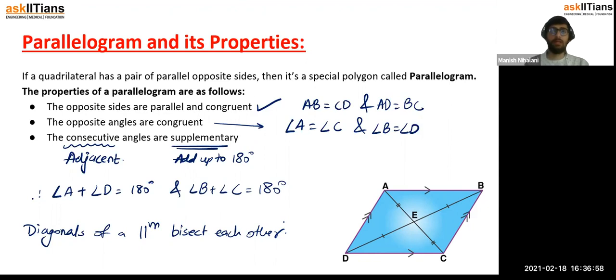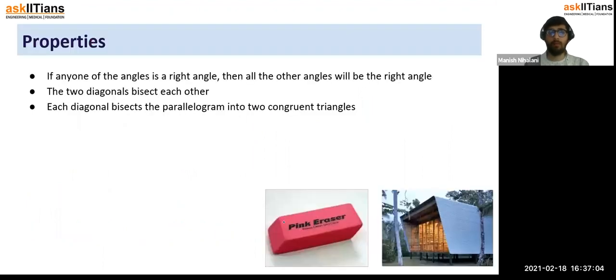What is a trapezium, what is a kite, what is a parallelogram, and what are their properties, as we were saying, right? So if one of the angles is a right angle, then all others have to be a right angle. Then the two diagonals bisect each other, as we said. Each diagonal bisects the parallelogram into two congruent triangles, right?